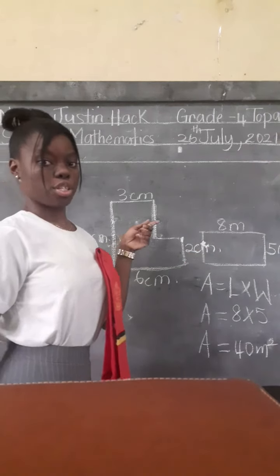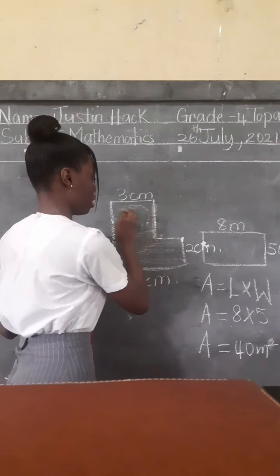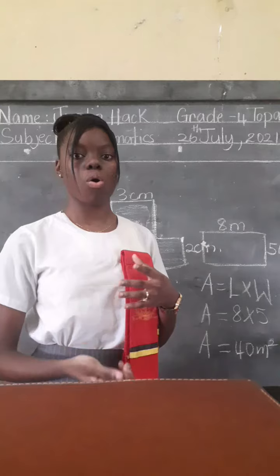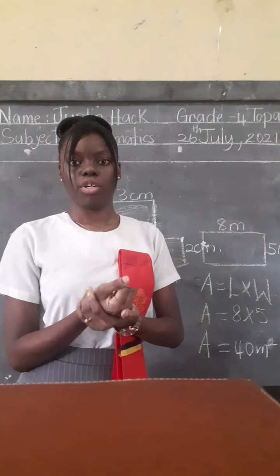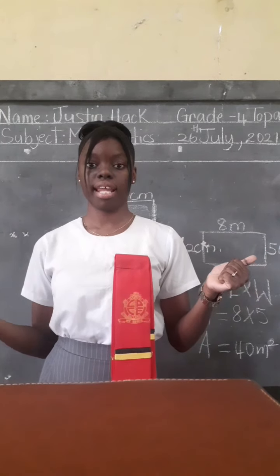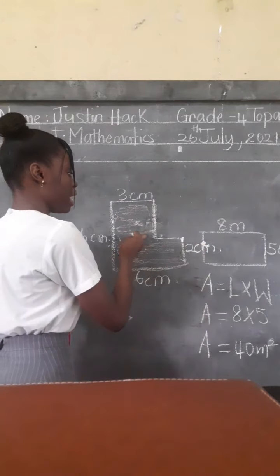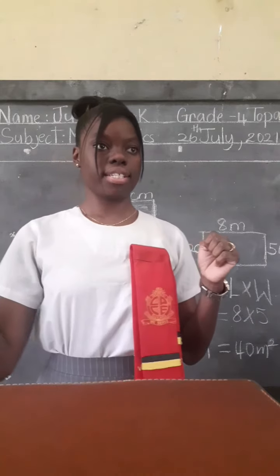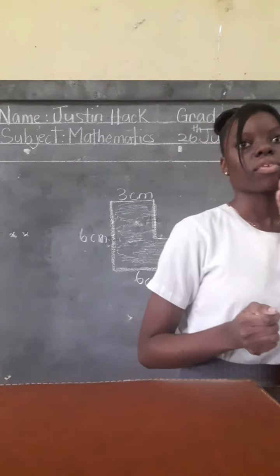So you're going to copy this, and you're going to suggest ways we can find the area of this shape. When you come next maths class, you're going to share with us and tell us how we can find the area of this shape, right? Everybody understand? Okay, good.